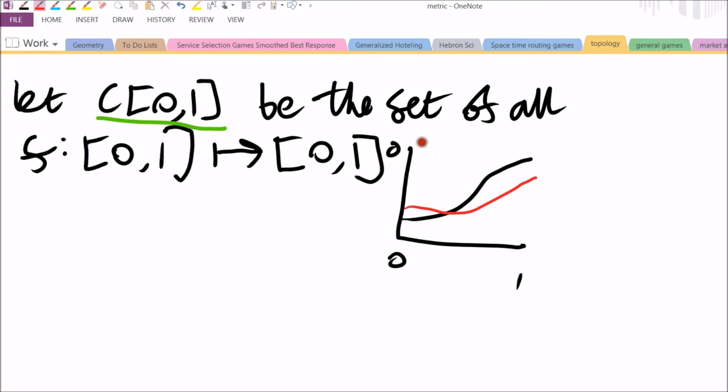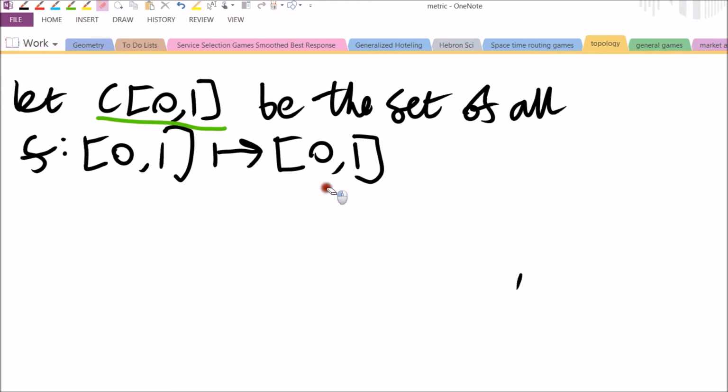Here is another one, and there are lots and lots and lots of them, of course. So we're talking about the set of all mappings from a unit interval to itself, and that's our set. And we want to define a metric on that set.